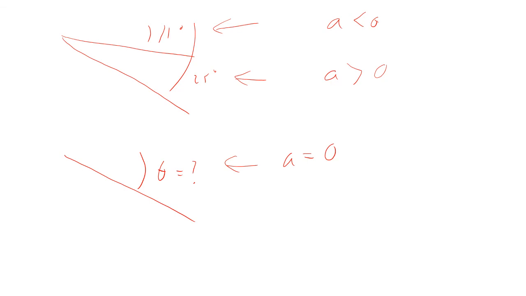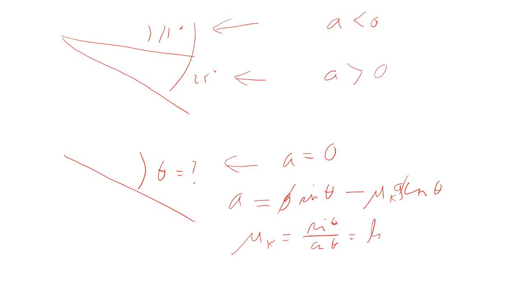So we know the acceleration was given by g sine theta minus mu sub k cosine theta times g. So we can cancel out the g's, and we do a little algebra here, and we find that mu sub k equals sine theta over cosine theta, so that's tangent theta.